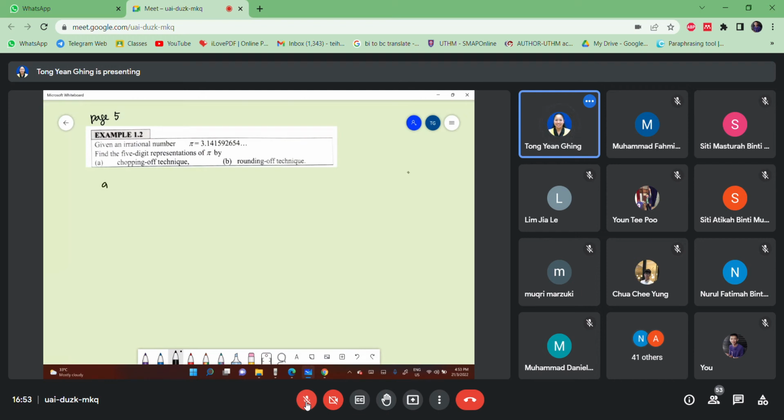Pi equal to 3.141592654. Sekarang saya nak cari 5-digit chopping off technique. Dapat berapa? 3.1415. Okay. Bagus. Terima kasih. Okay. And then for the rounding, 3.1416. Right. Okay. Simple, right?